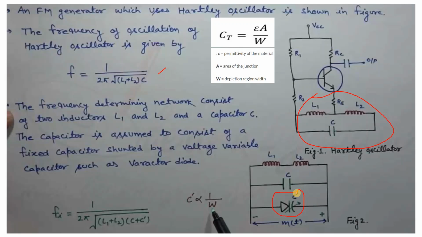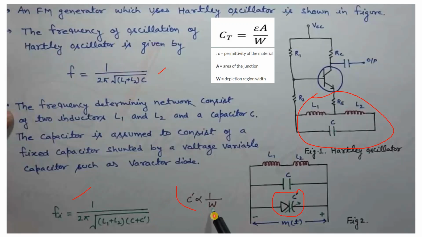Its capacitance depends upon the modulating voltage or control voltage you apply to this circuitry, so that it controls the output signal frequency. Then the instantaneous frequency of this Hartley oscillator signal is equal to 1 by 2 pi under root of (L1 plus L2) into (C plus C dash).